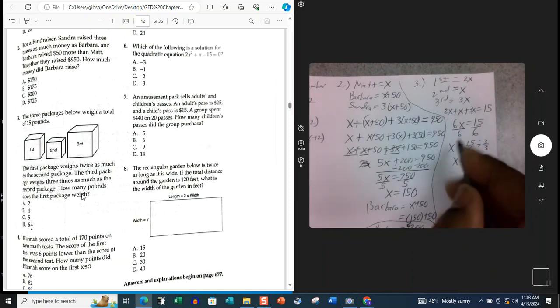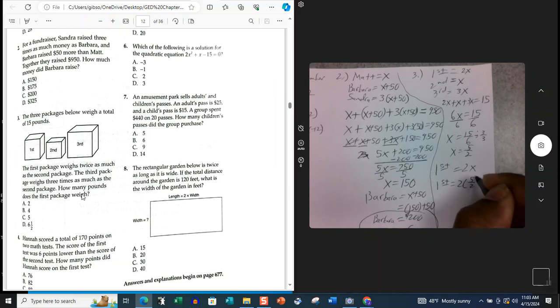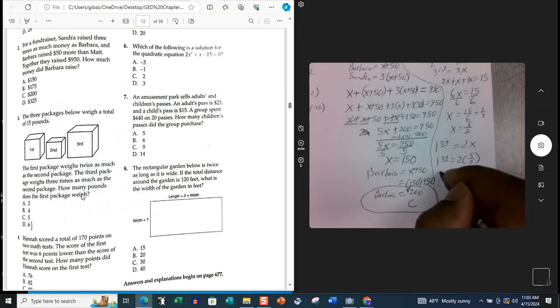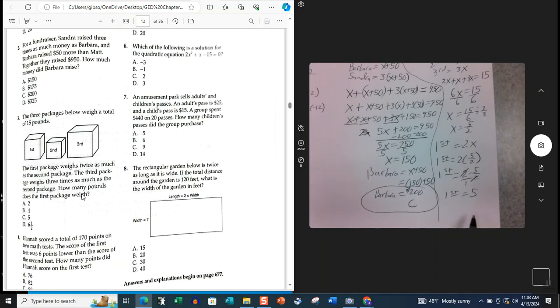So we want to know what the first package is. Now the first package is 2 times X. So the first package will be 2 times 5 halves. So again with our first package, we would do 2 times 5 over 2, put that over 1. These 2's will simplify out, and your first package would be 5. So your first package would be 5 pounds, which is C.